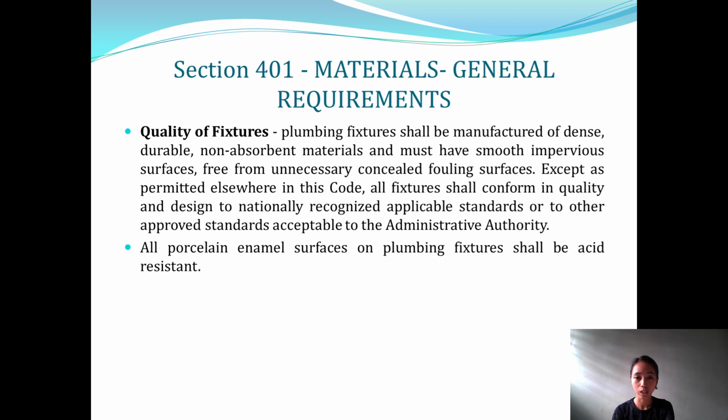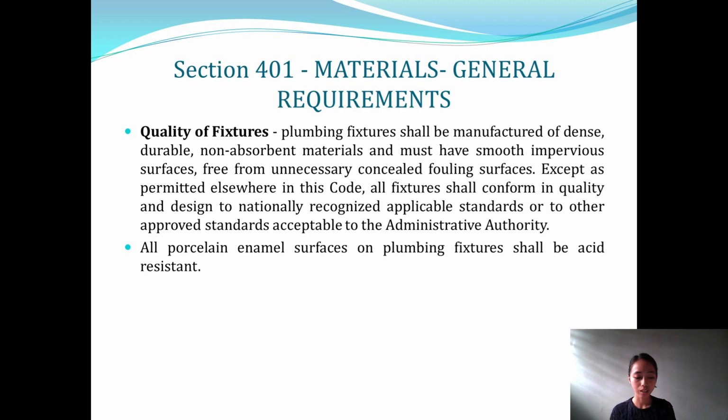All fixtures shall conform in quality and design to nationally recognized applicable standards or to other approved standards acceptable to the administrative authority. Next, all porcelain enamel surfaces on plumbing fixtures shall be acid resistant.